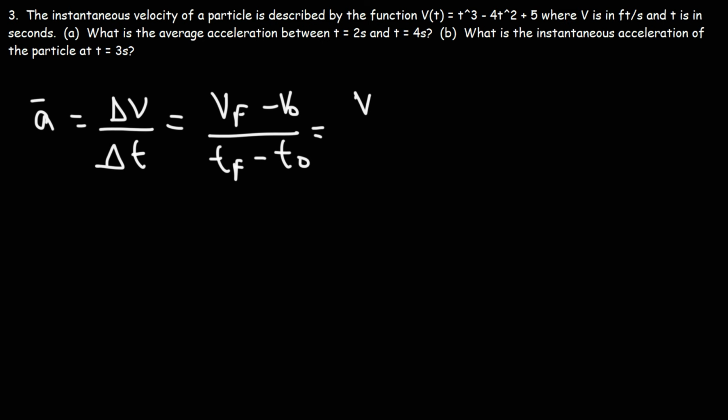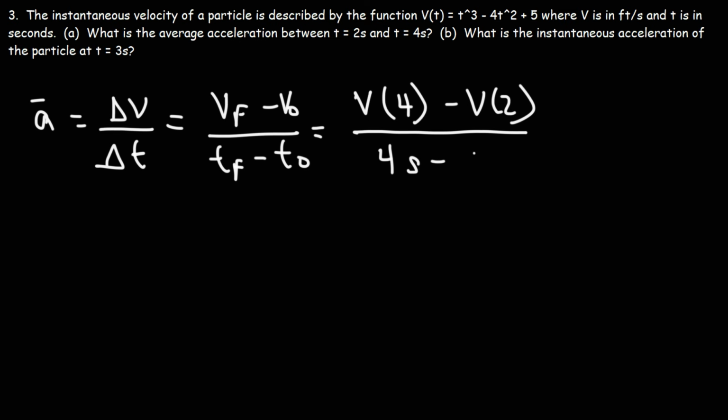So v final, that's going to be the velocity at 4 seconds. V initial will be the velocity at 2 seconds. T final is 4 seconds and t initial is 2 seconds. So let's calculate v of 4 by plugging 4 into the instantaneous velocity function. So v of 4 is going to be, let's replace t with 4.